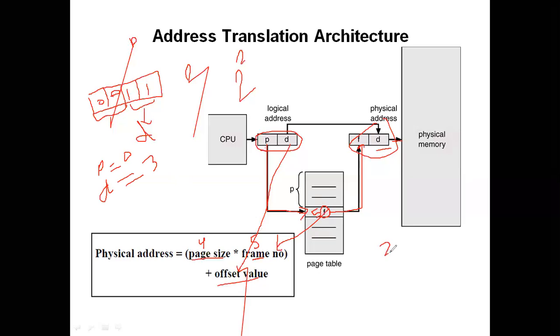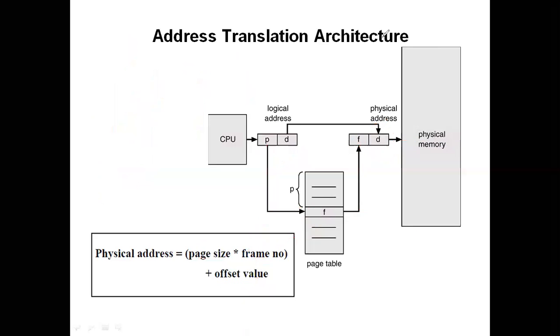So here the 23rd byte, byte number 23, will be the exact physical address of this particular location. So this is how we calculate the address using a page table.